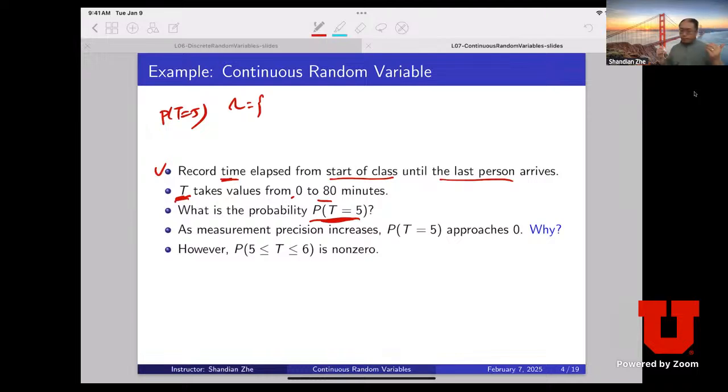Suppose I use a very rough recording way, I just count by minutes. Then my sample space will be just 0, 1, 2 until 80, meaning 0 minutes elapsed after the class starts, or 1 minute, 2 minutes, 3 minutes until 80 minutes, right?